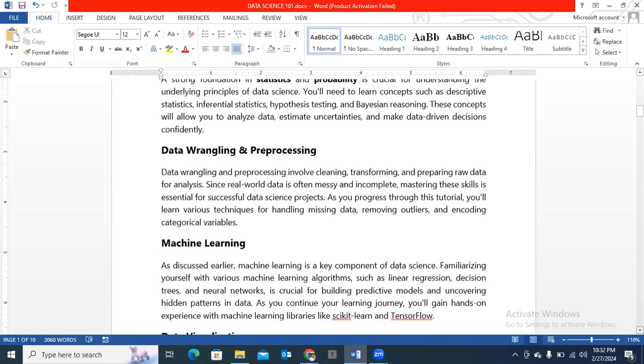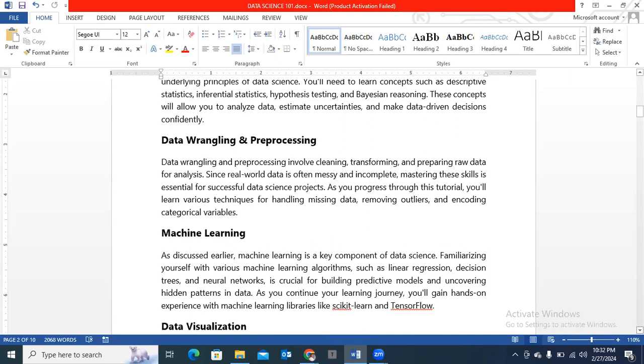The next skill you need is data wrangling and preprocessing skill. Data wrangling involves cleaning, transforming, and preparing raw data for analysis. You must have these skills because you are not always assured that the data you will have at hand to work with are all clean. Data can be incomplete, can be messy. Some might have wrong information. Some might have incomplete data.